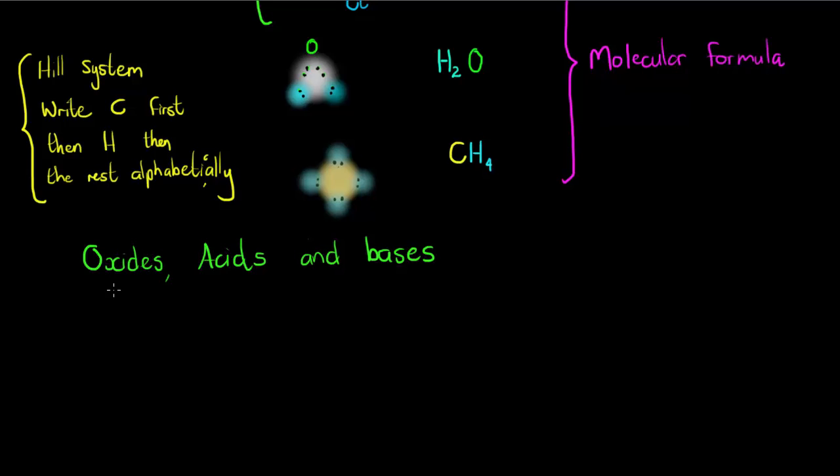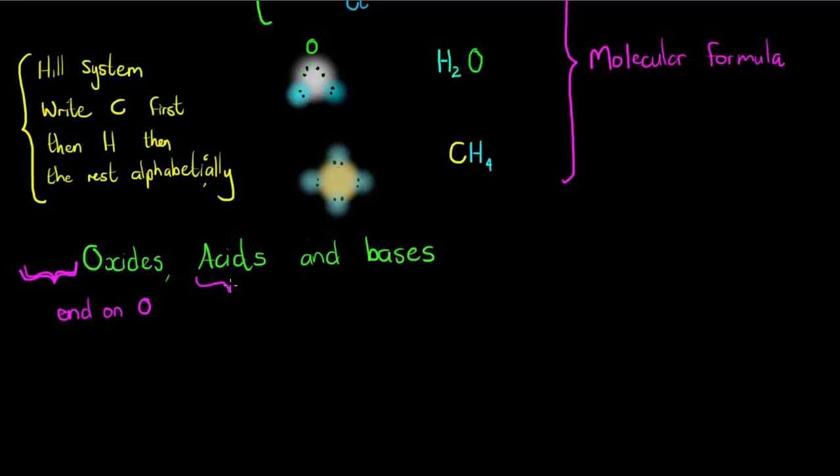An example of that may be magnesium oxide or zinc oxide or iron oxide, and oxides will end on O, in other words, for the oxygen. So the name oxide will always be at the end of the word, so then we won't follow the Hill system. We'll start with whatever type of oxide it is, and then oxygen at the end.